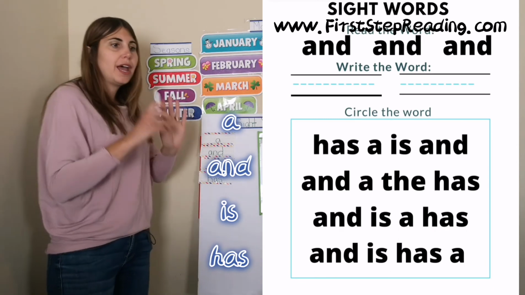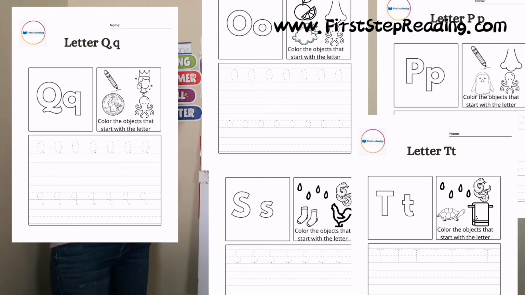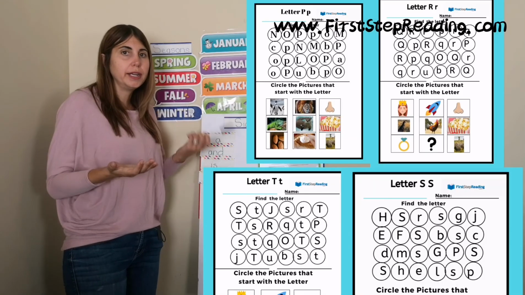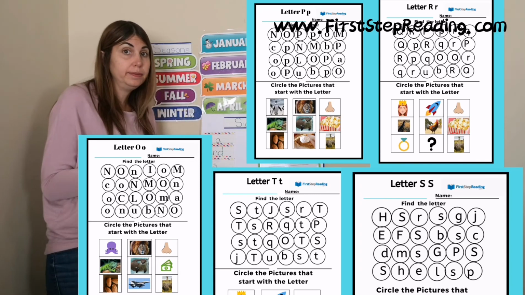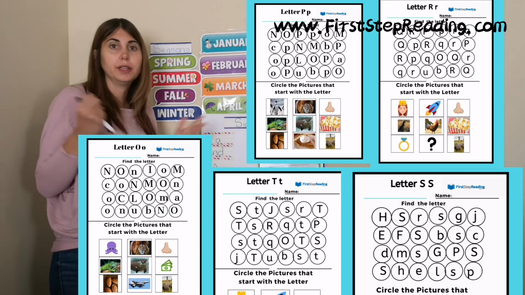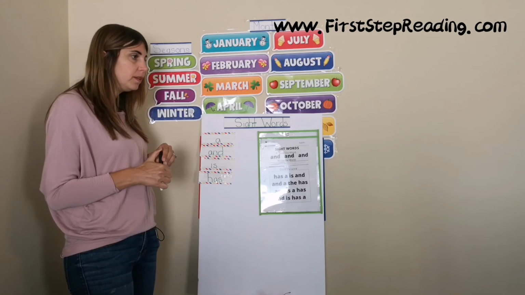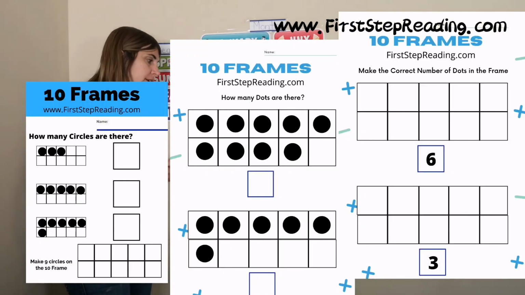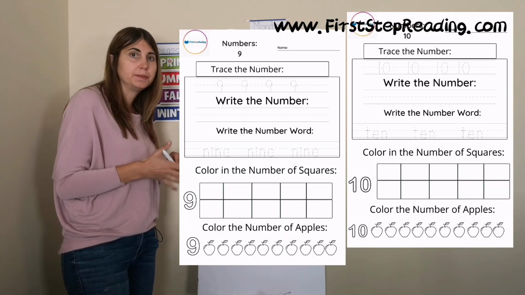So a review of everything to work on this week. You're working on O, P, Q, R, S, and T. The writing the letters, knowing their sounds, right? Knowing the letters, the uppercase and lowercase letters, the names. You're also working on math, which is 10 frames, and writing numbers 9 and 10.